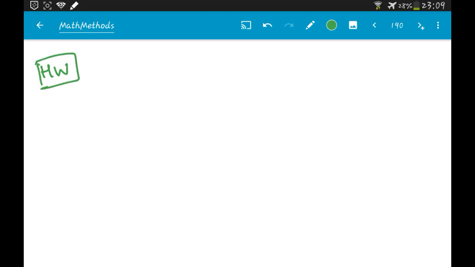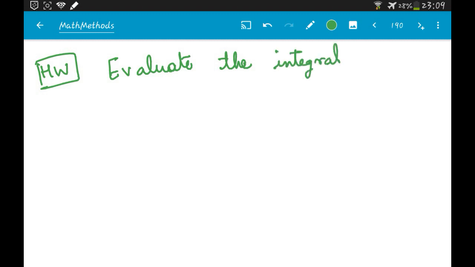Homework. Evaluate the integral of r dot n d sigma.